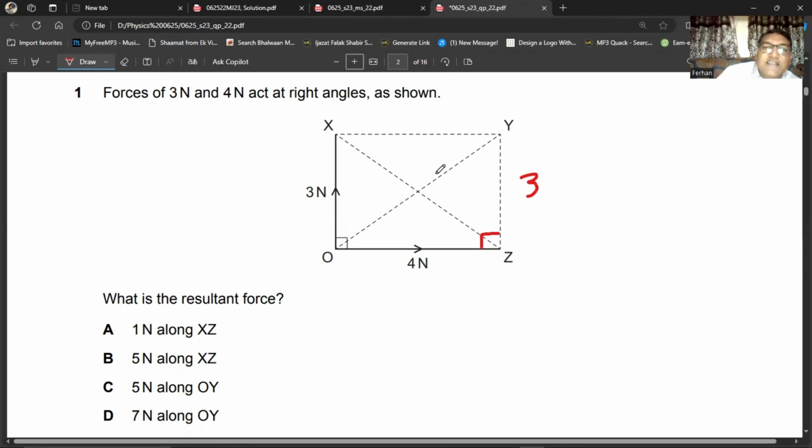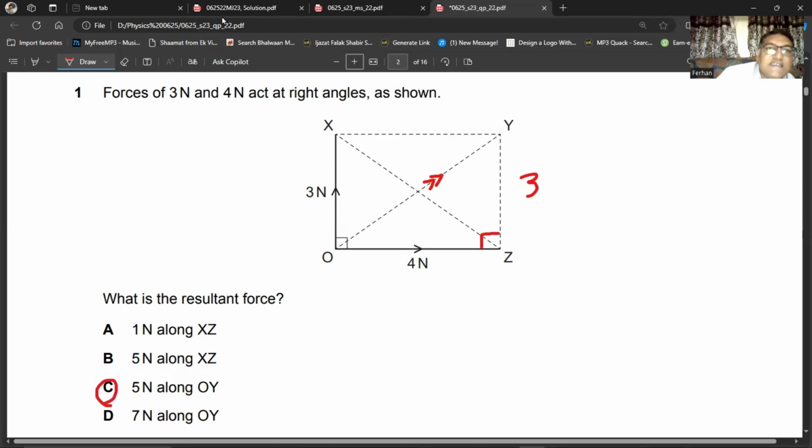So OY will be 5 Newton, and the resultant will be along OY, its direction from O to Y. This is your resultant, 5 Newton along OY.